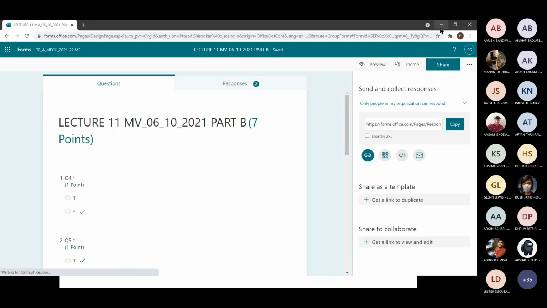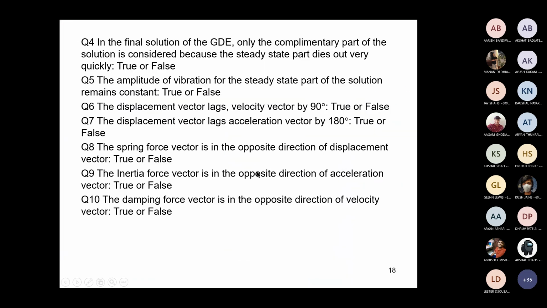If you have any questions, please ask. This is a self-evaluatory quiz. If you are able to answer these questions, then that means you have understood whatever has been discussed till this point.